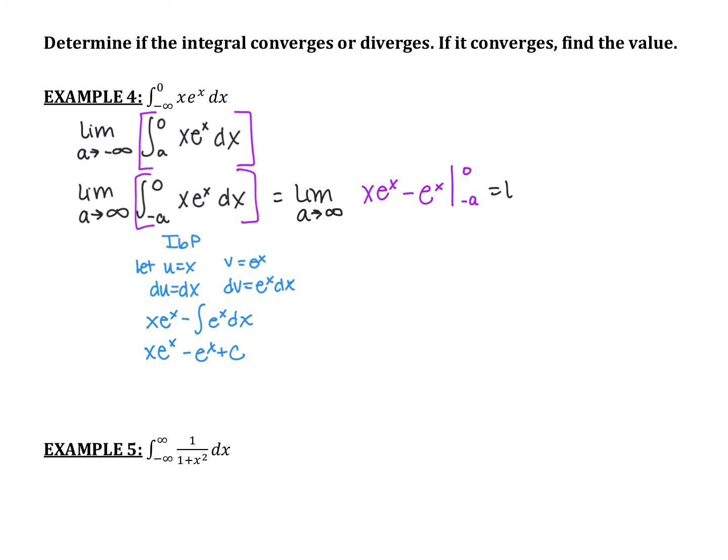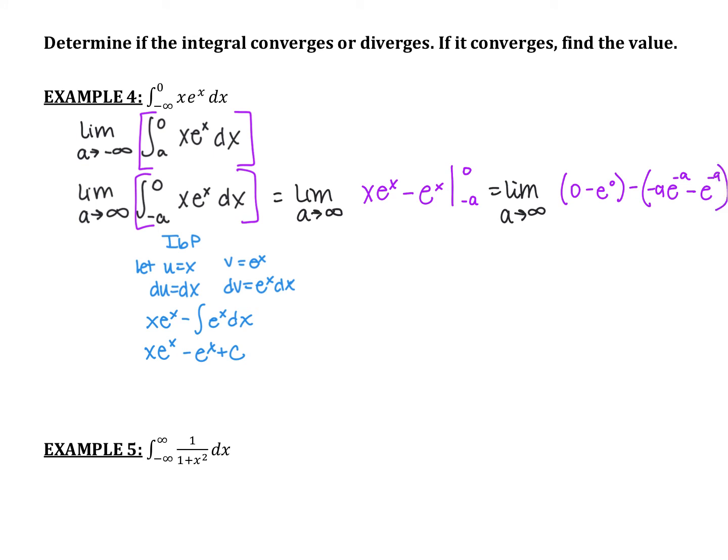Okay, so this would be the limit as a approaches infinity of, using my fundamental theorem, we would get 0 e to the 0, so that would just be 0, minus e to the 0, which is 1, minus, now let's plug in negative a. We'd have negative a e to the negative a minus e to the negative a. Sorry, forgot what I was plugging in there for a second.